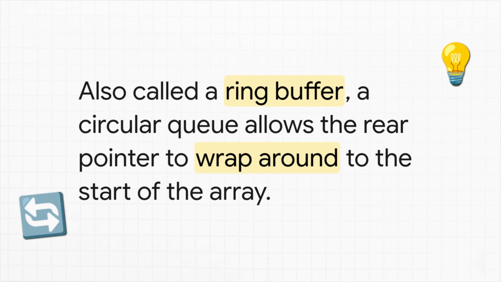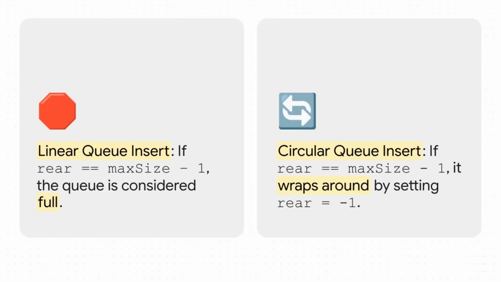It's so smart. And the fix in the code is surprisingly simple. With a normal linear queue, when the rear marker hits the end, that's it. Game over, queue's full. But with a circular queue, we just add one tiny rule. If the rear marker hits the end, instead of stopping, it just wraps around and resets to the beginning.